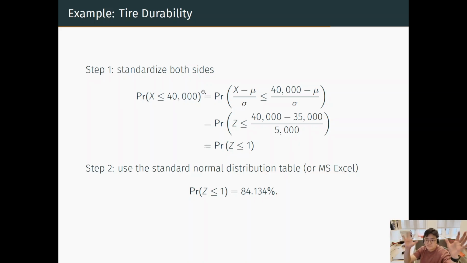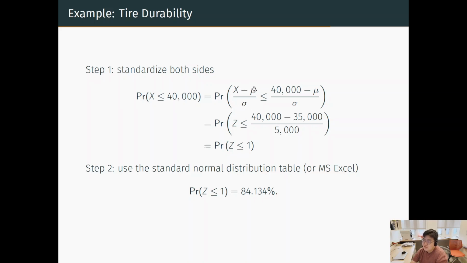X is like several thousand. But after standardization, it will be like between 1 and 2. So 40,000 must change its scale units to match the standardized variable. So you do this. Subtract the mean, divide by the standard deviation.